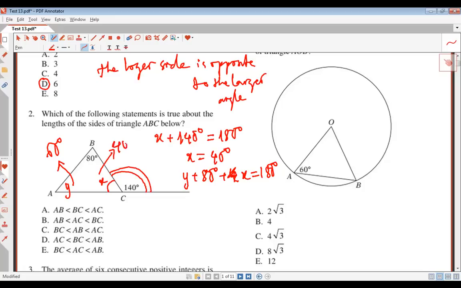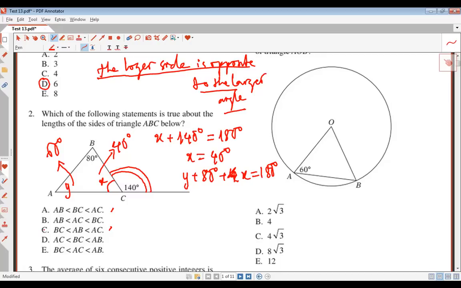S is 40 degrees. Applying this rule, I can say that the shortest side is the segment AC, so we eliminate option B, option D, and option E. And next is this angle Y, 60 degrees, hence BC is the second side, which is longer.